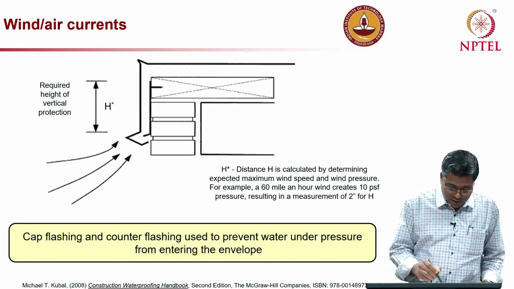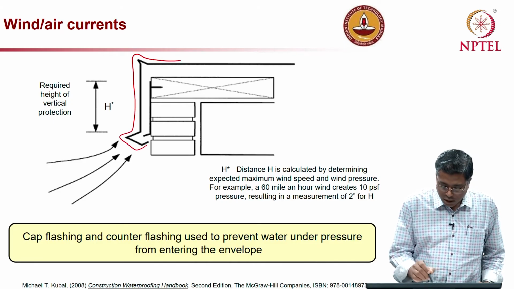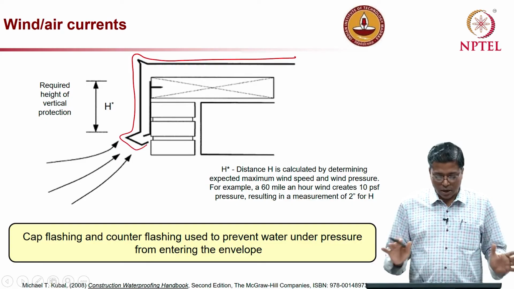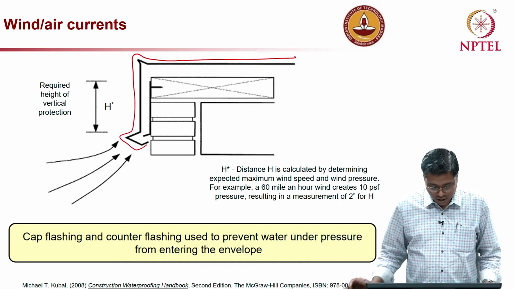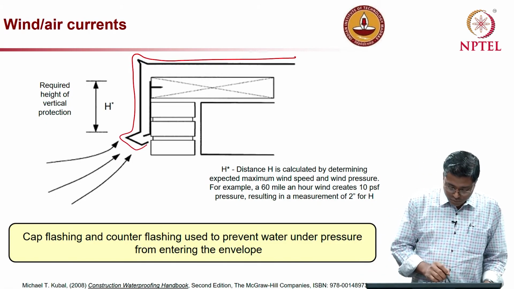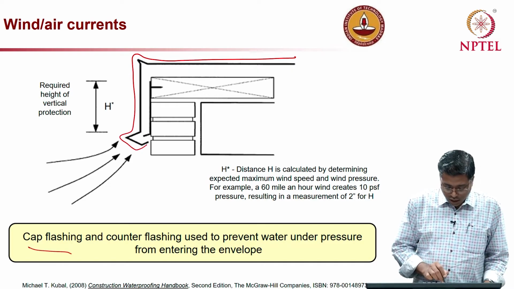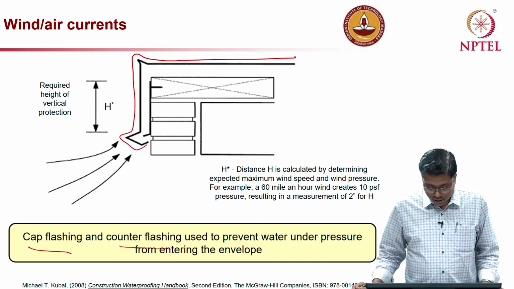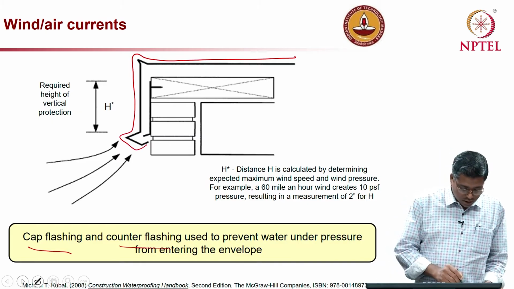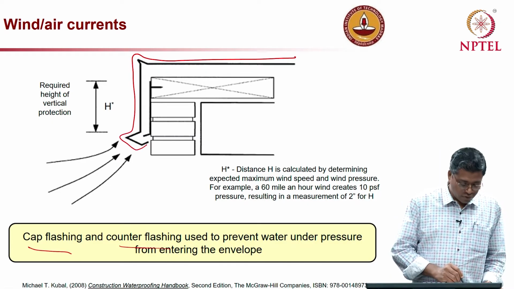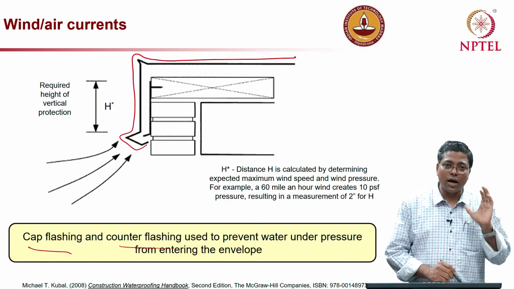To prevent such things, what we usually do is provide an additional element like this, which creates a good protection against the water. So, cap flashing and counter flashing are used to prevent water under pressure from enveloping. Here we are mainly talking about water falling onto the building elements with high pressure.